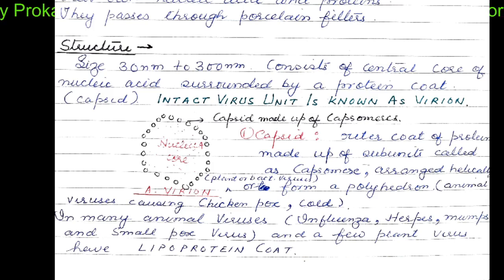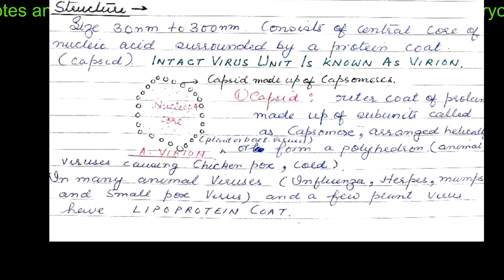This virion is the assembly which contains nucleic acid as a core material and capsid as a surrounding material. The capsid is made up of protein, and its subunits are called capsomeres.